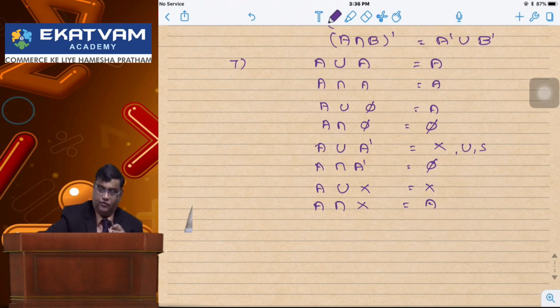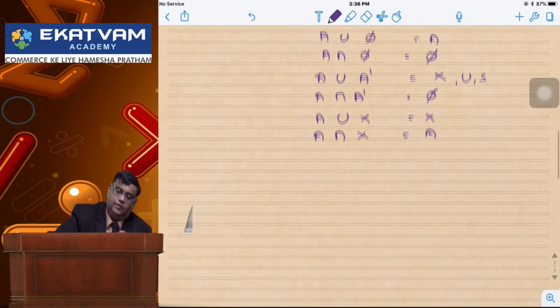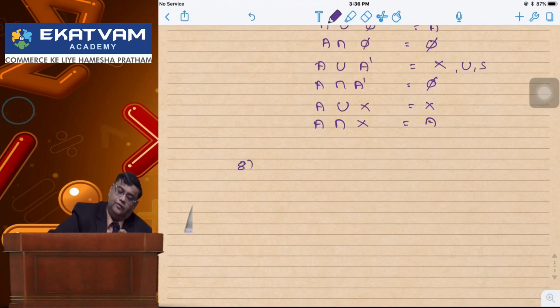Now based on that, you have results, and importantly for two sets what will be the result. Look here, this is the universal set.